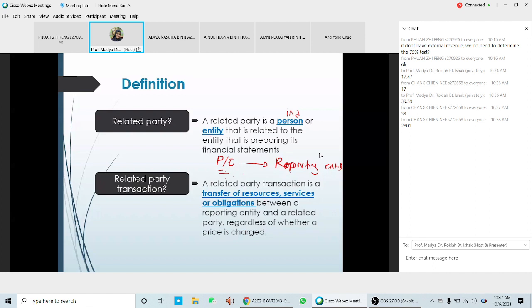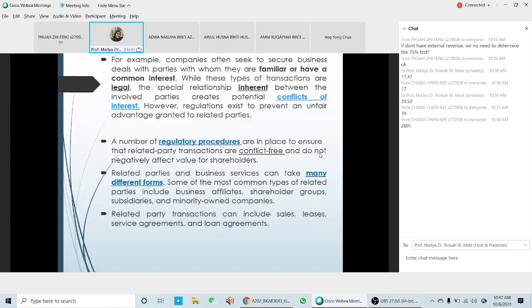So that is what we need to know, whether that situation exists. The standard 124 provides that when you have a related party transaction, you need to disclose all the information related to that RPT, related party transaction.